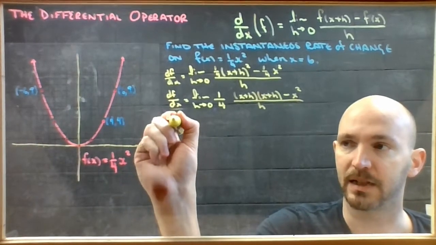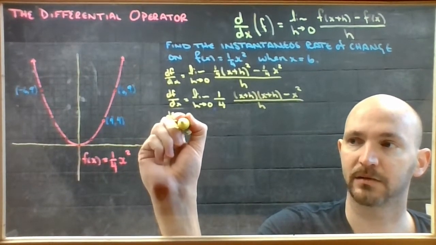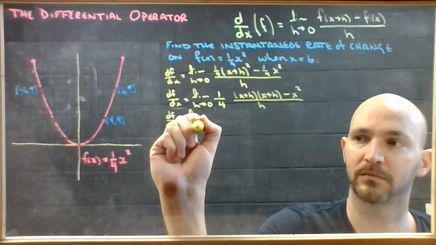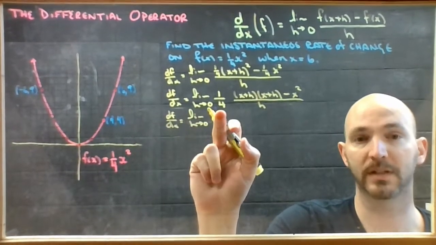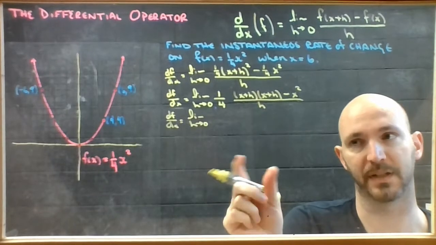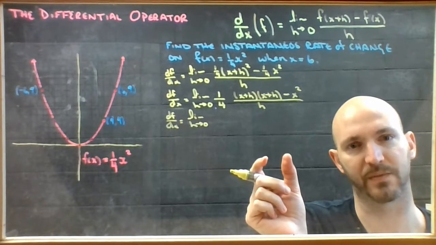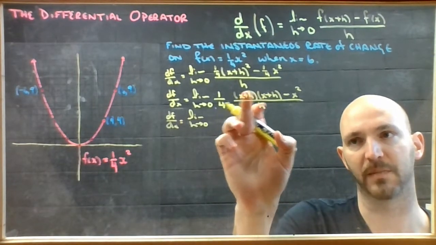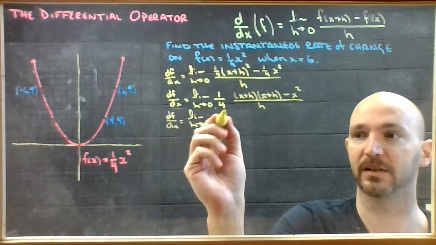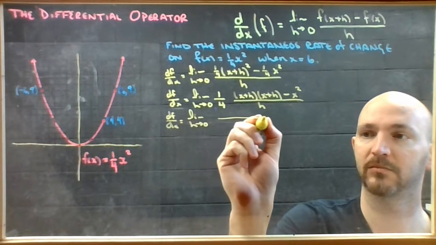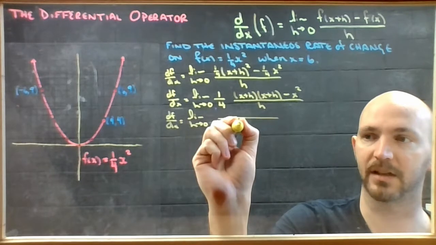Next line, df by dx. Now I have a 4 in the denominator and an h in the denominator, so I'm just going to make them one fraction, and that would make this the numerator. So that and that are in the denominator.